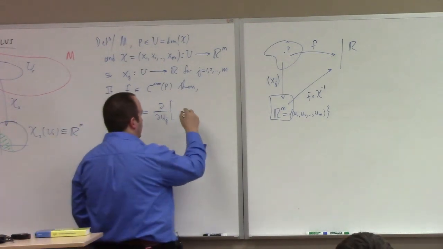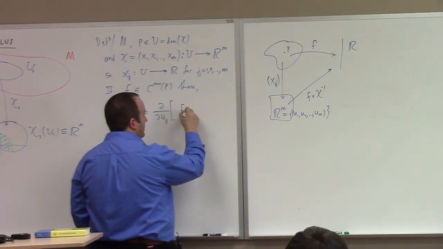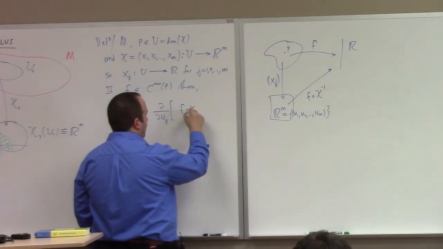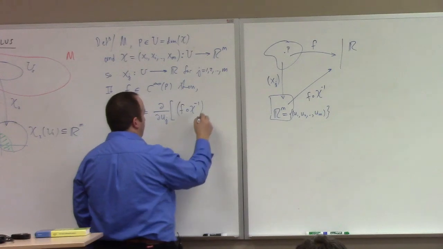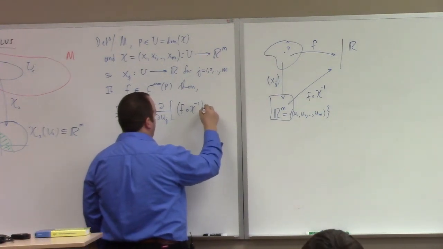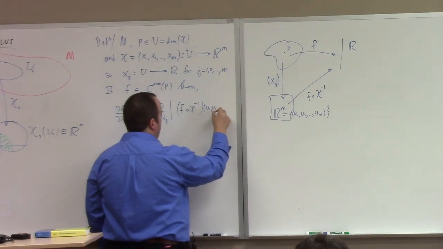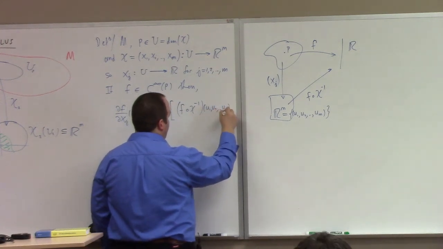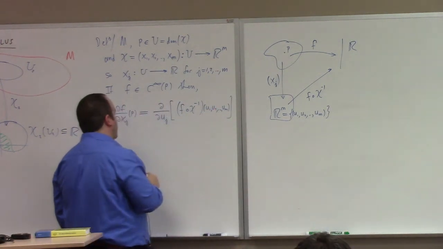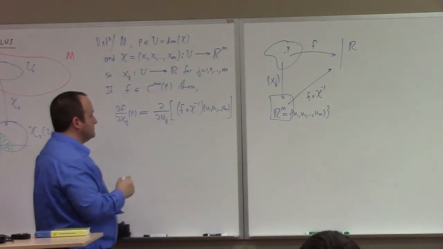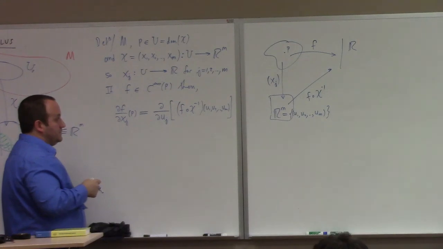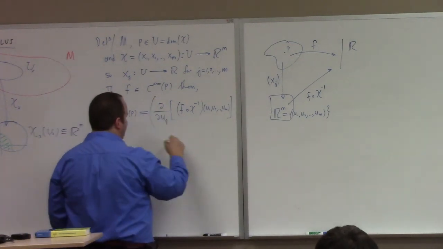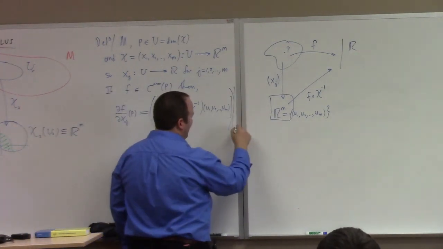So this would have to be F composed with chi inverse, right, of, well, chi of p, but that would be u1, u2, up to um, all of that evaluated at chi of p.